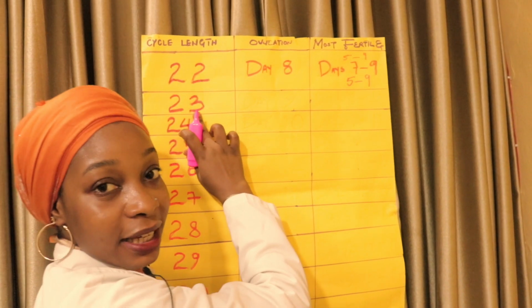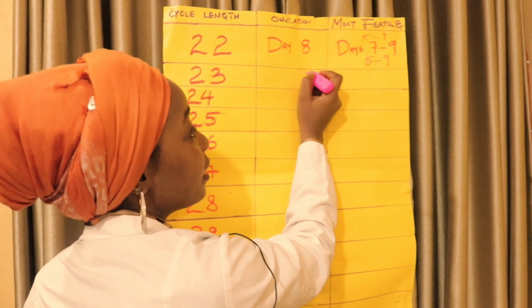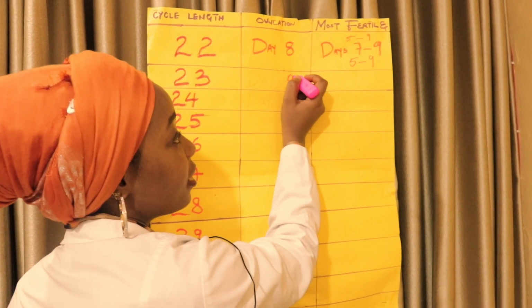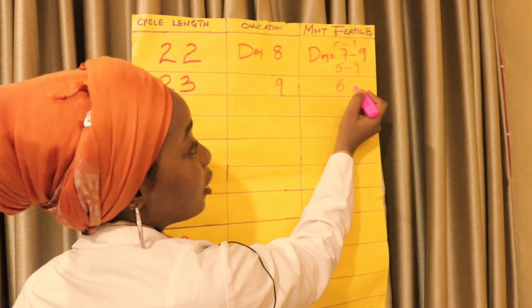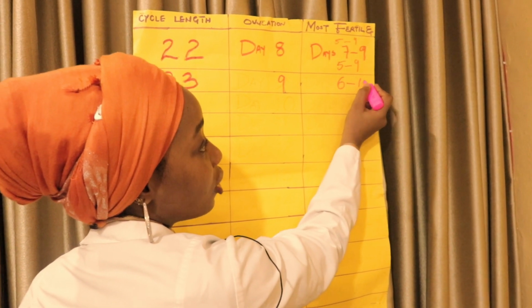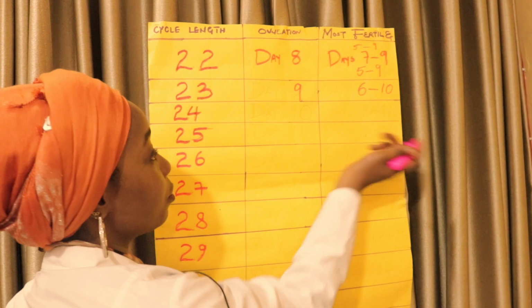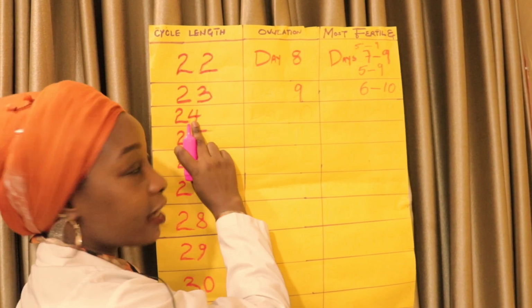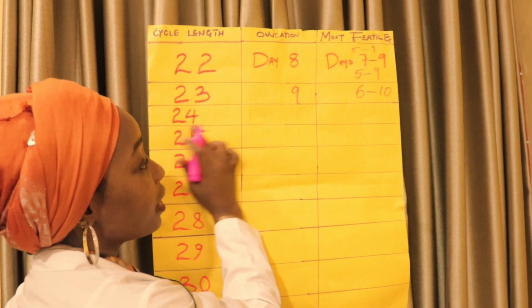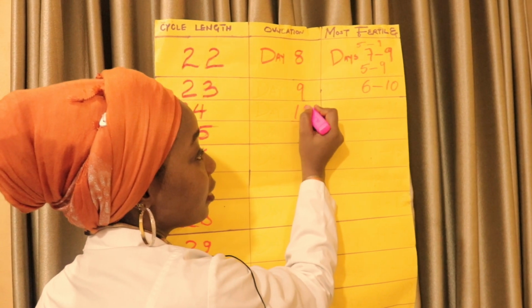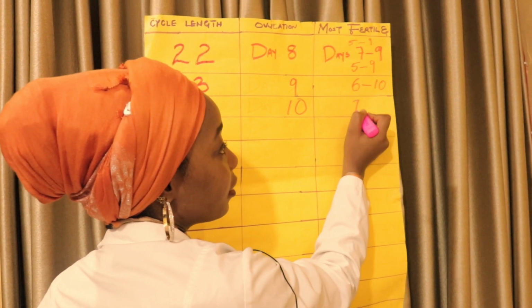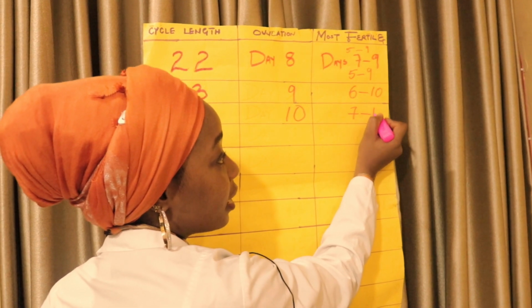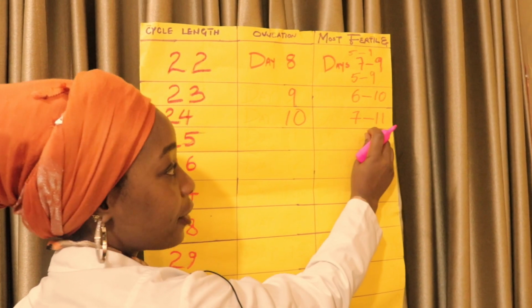For a 23 day menstrual cycle, day 9 is your ovulation. Day 6 to day 10 is your fertile window. For a 24 day cycle length, day 10 is your ovulation. Day 7 to day 11 is your fertile window.